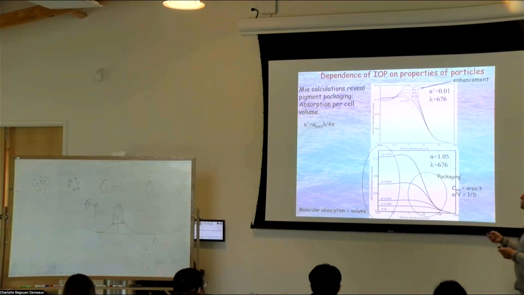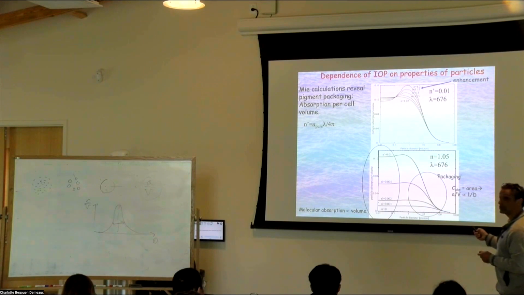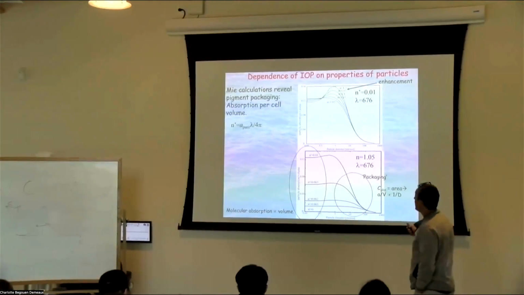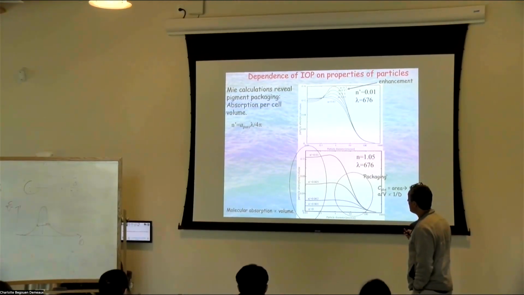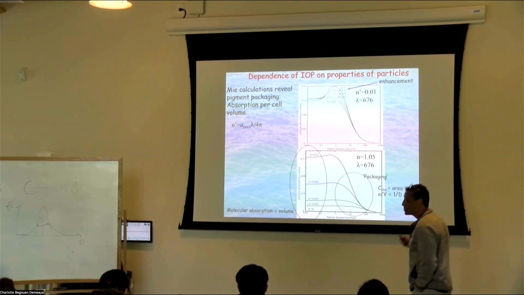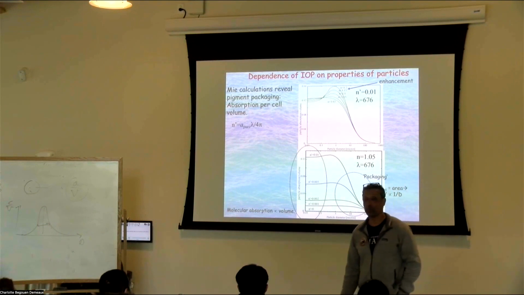So you start as a dissolved substance, basically. You're much smaller than the wavelength. It's kind of constant. There are some small changes because of the real part of the index of refraction. So this is like phytoplankton, and this is like quartz. But overall, there's very little change. And then suddenly there's an area where I'm absorbing even more than when I was dissolved.